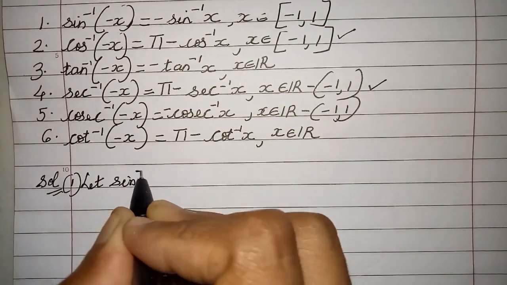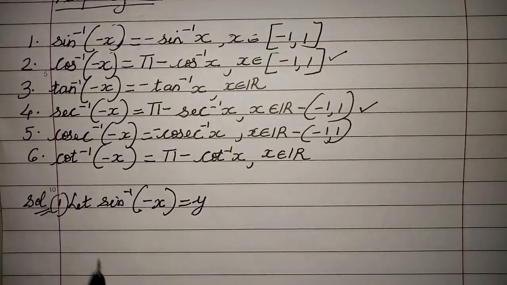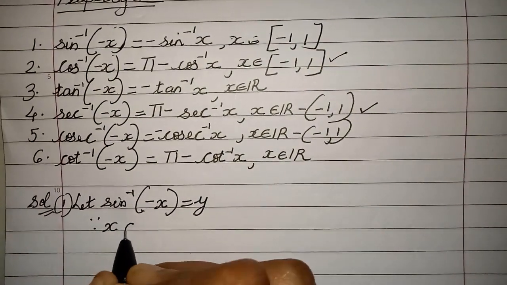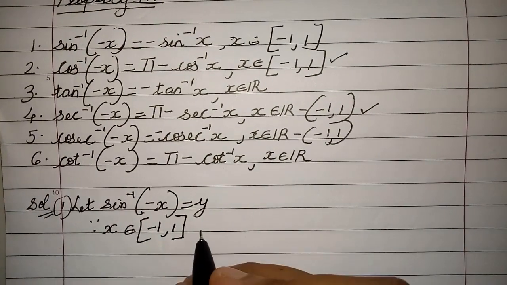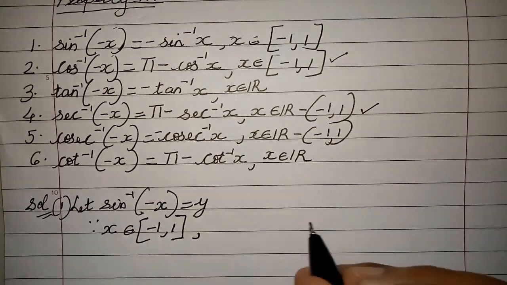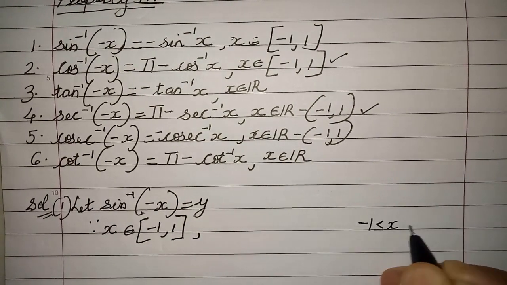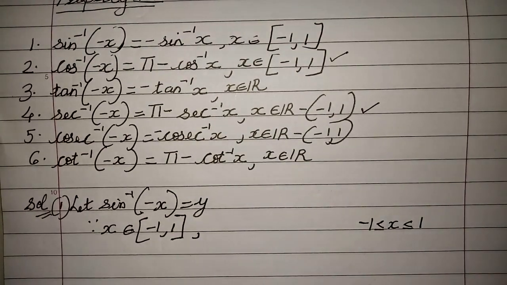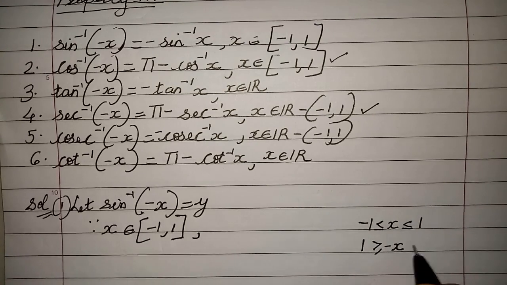let sine inverse of minus x be y. Now children, since x is coming from the closed interval minus 1 to 1, minus 1 is less than or equal to x, which is less than or equal to 1. Now multiply by a minus sign and the inequality will change.